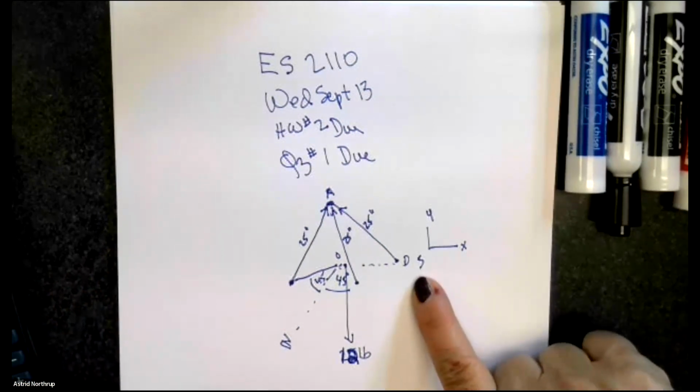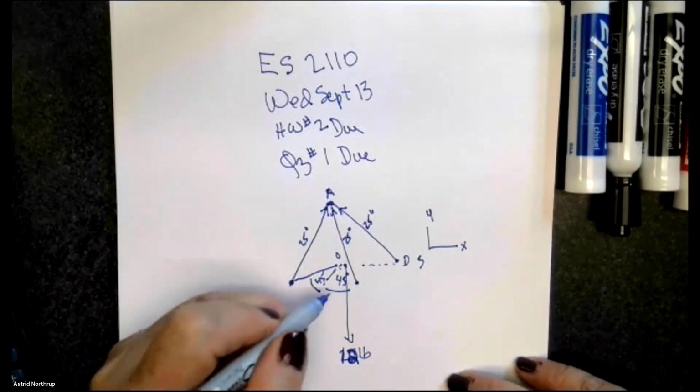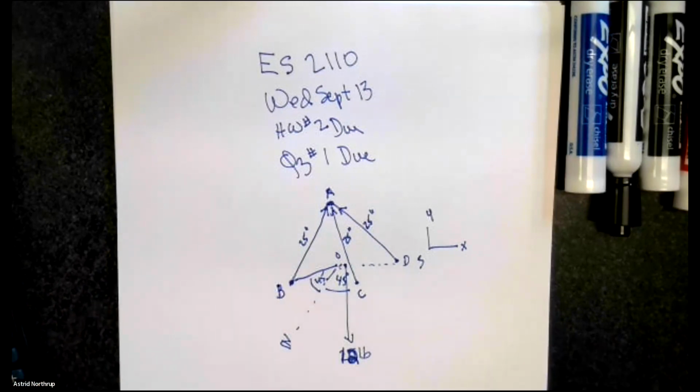All right. The first thing that we need to do is to set up the directional vectors on each one of those tensions. So this is D, C, and B. I'm probably going to have to keep drawing this over and over again because that's what happens when you don't have a good drawing to begin with.